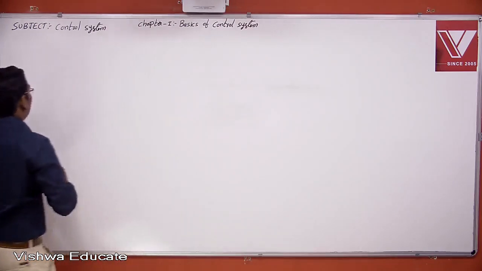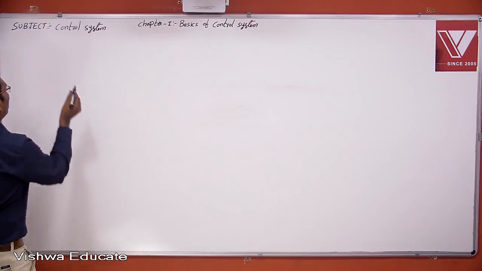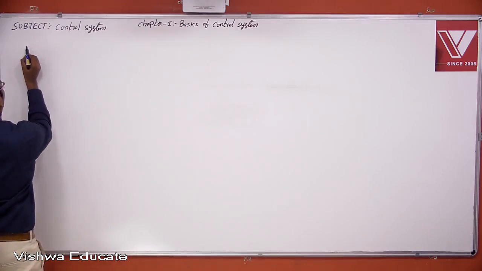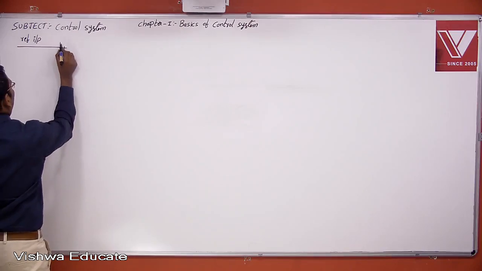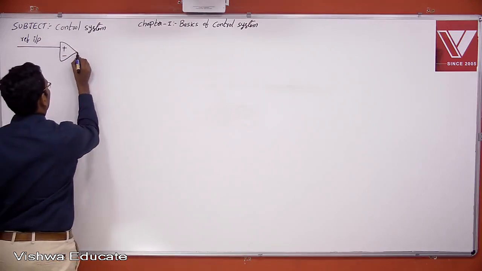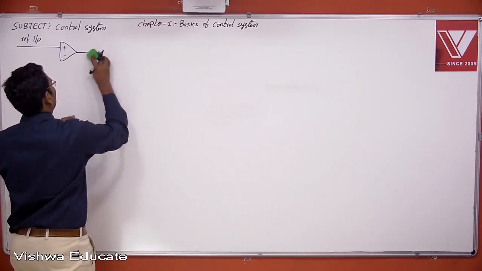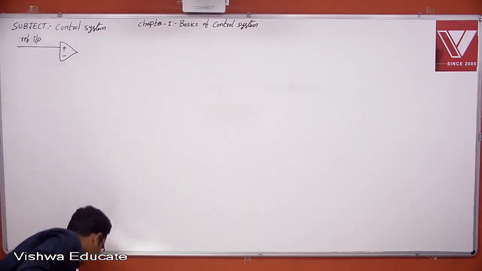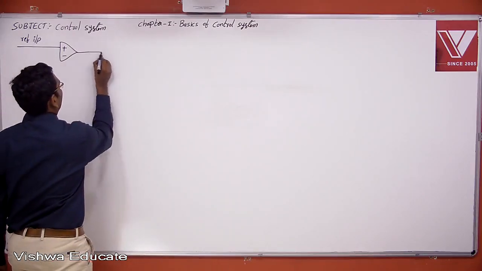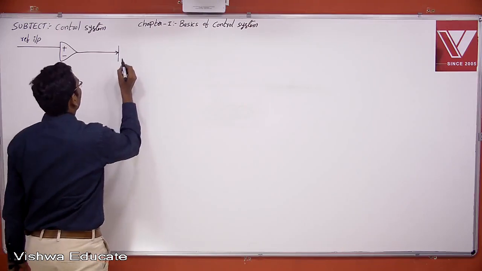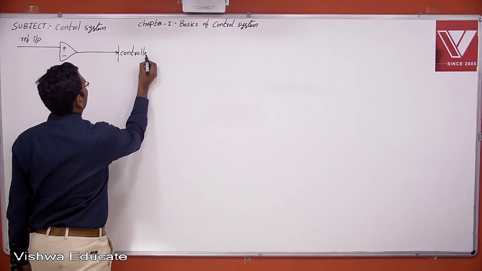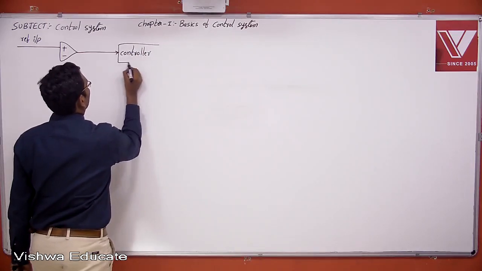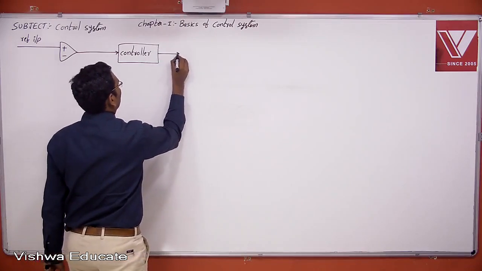Now what is the closed loop control system block diagram? You know the closed loop control system block diagram: reference input, comparator, controller, processor.